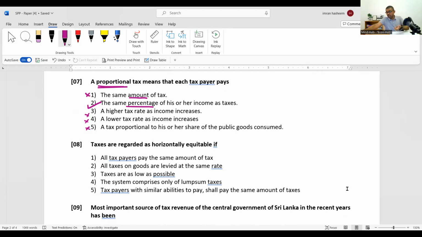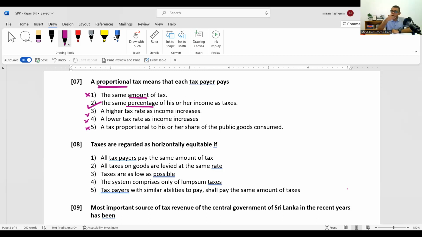You can't have the same percentage applicable for everyone. It's not fair because each person's ability to pay will not be the same. So horizontal equity is that people at the same level of income with the same ability to pay should be paying the same amount of taxes. Is that clear? Then it's fair.